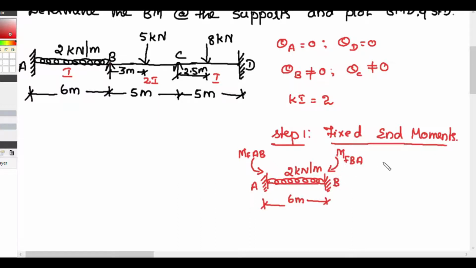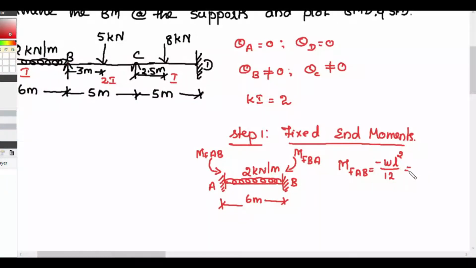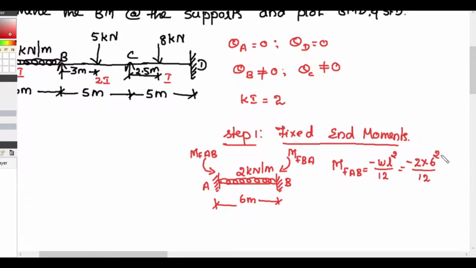So MF AB will be equal to minus WL square by 12. So we will get this as minus 2 into 6 square divided by 12. So we get minus 6 kilonewton meter.